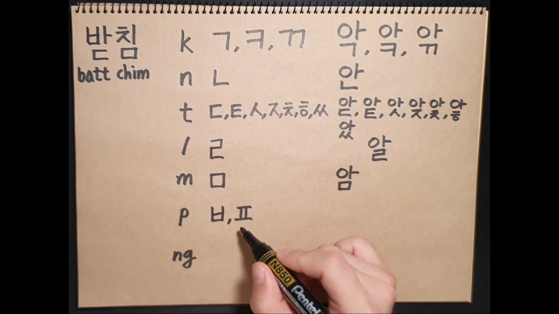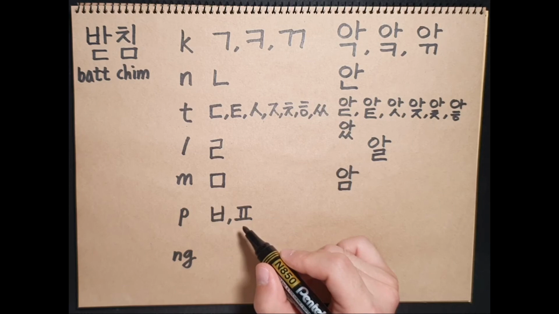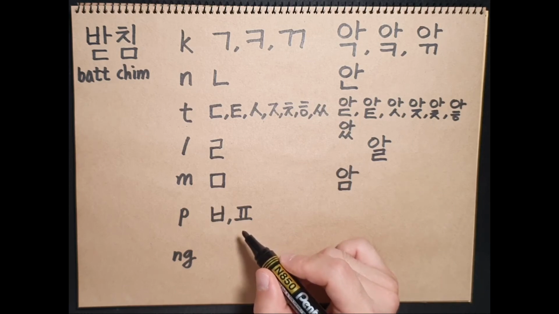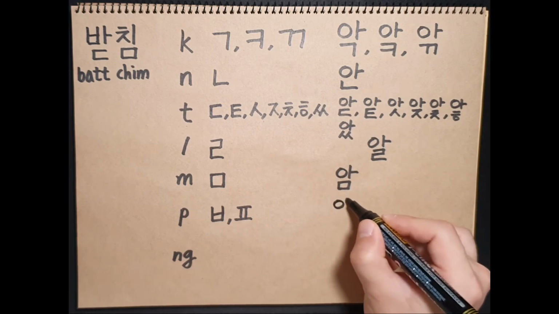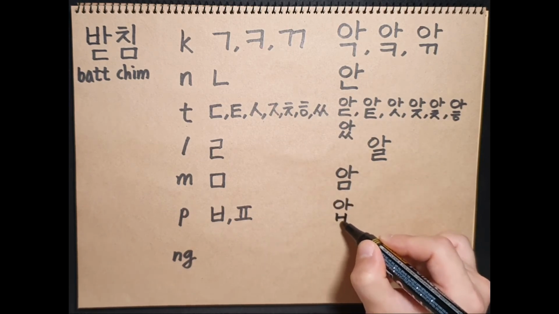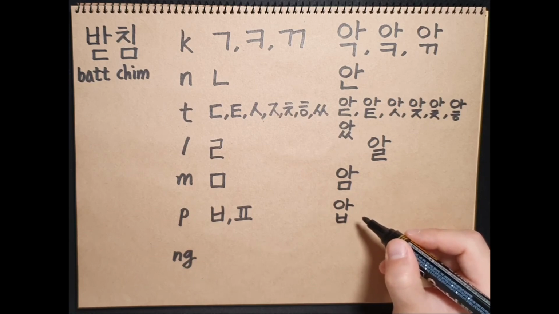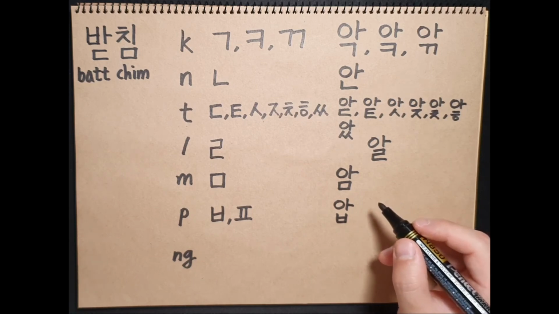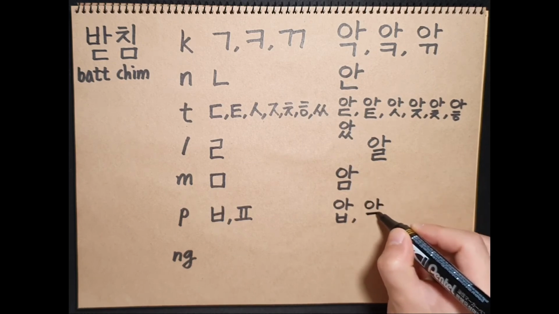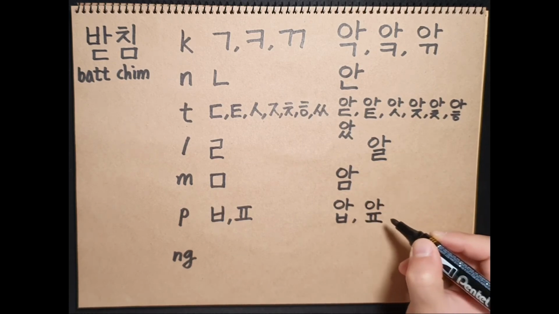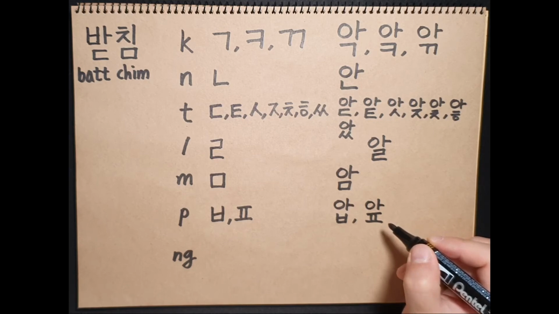When they become a Batchim, or when they go to the bottom of a Korean letter to make an ending sound, they have the sound of up. So combined with A, it becomes up.